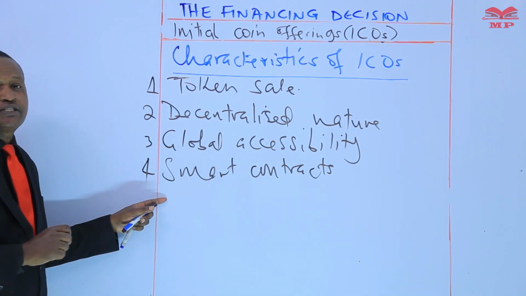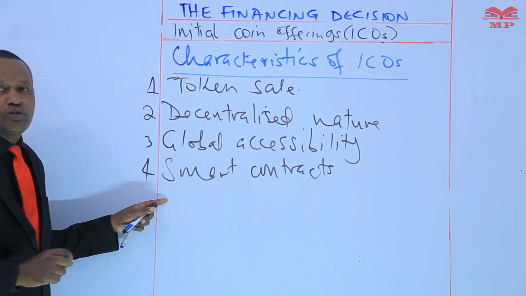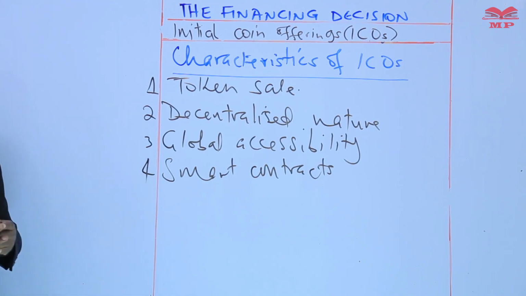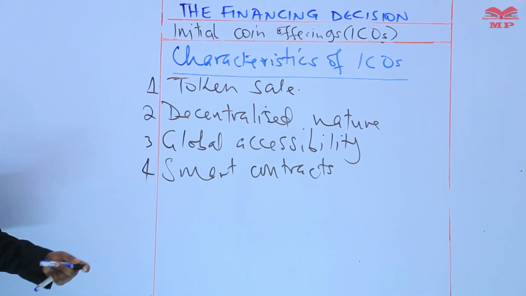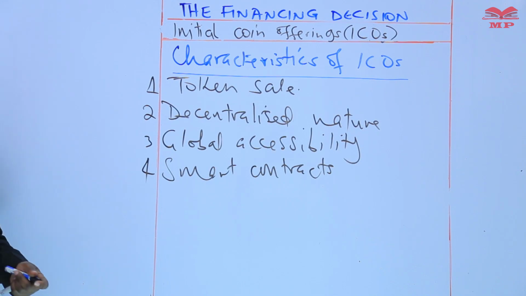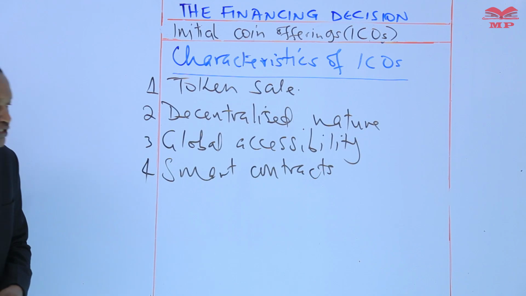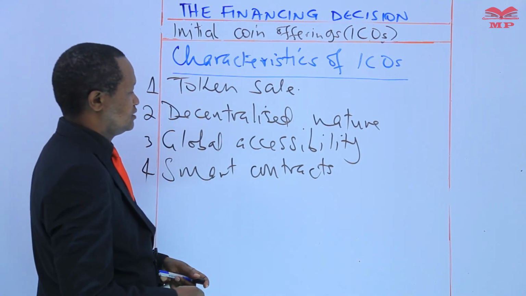It's not on paper. They are commonly used in ICOs to automate the distribution of tokens and ensure transparency in the fundraising process. There are no intermediaries.